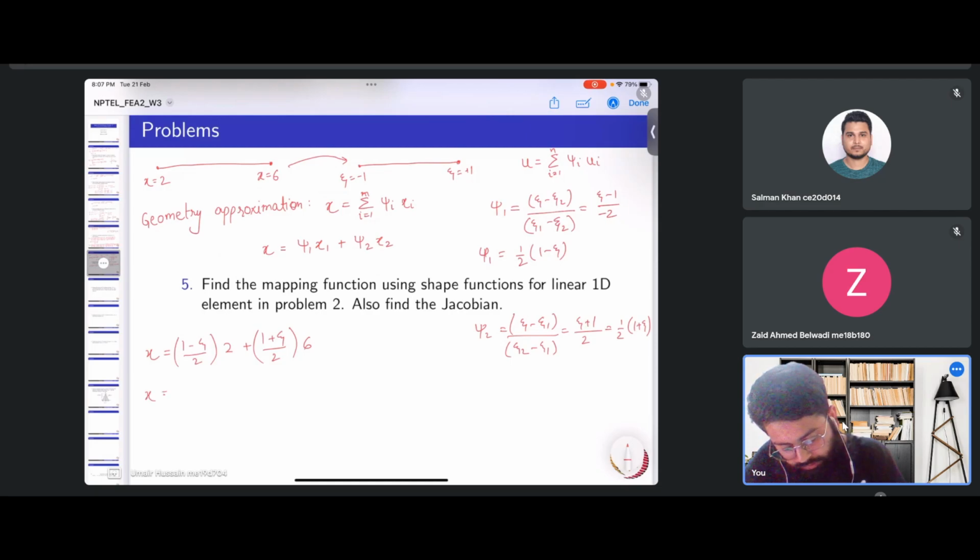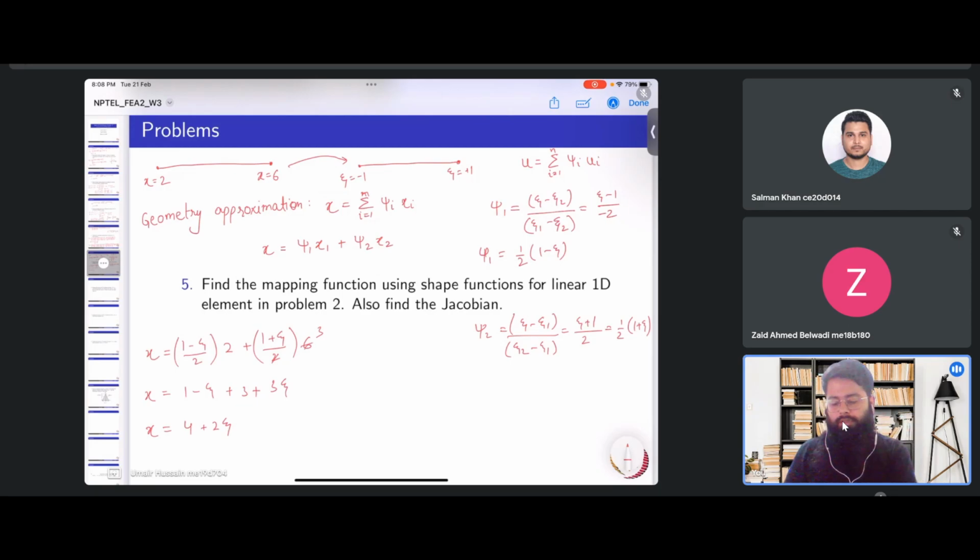So we get x equals 1 minus zeta plus 3 plus 3 zeta. We get x equals 4 plus 2 zeta.